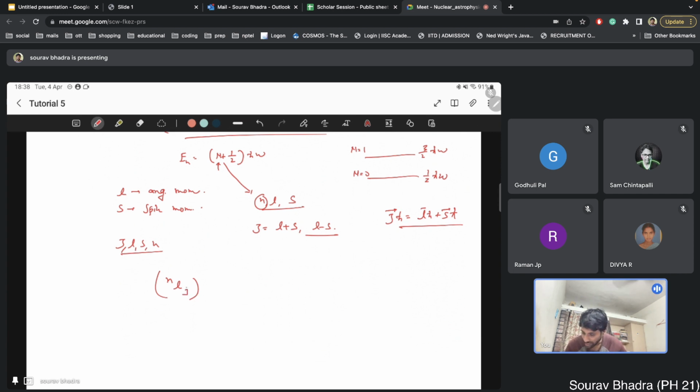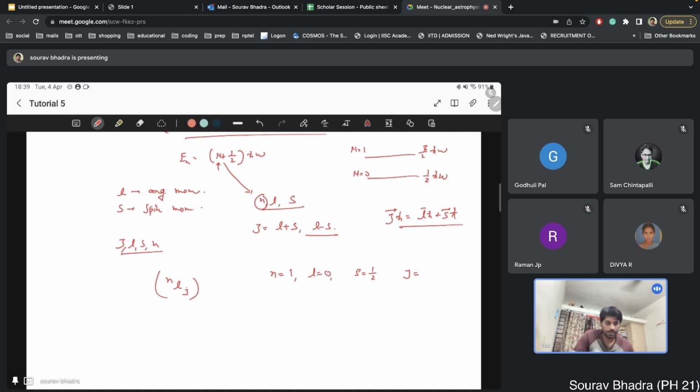Let me check. I could not make a note of this particular shell model here, so I think it is right. It can be written like this. So suppose you have N equals 1, L equals 0, and S equals half. Then your J will be L plus half. Just to show, J has only one value here.